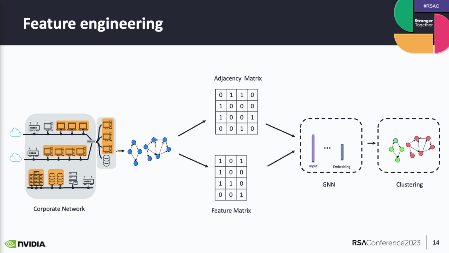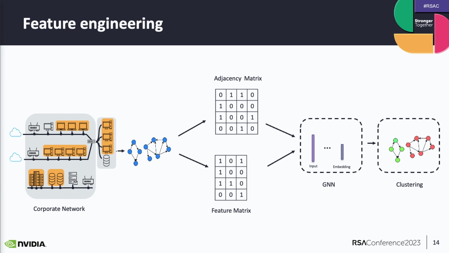Now, I mentioned that we can use these graph representations as input to the GNN, but how exactly do we do that? There are two sets of input features that we need to talk about: the adjacency matrix and the feature matrix. Both of them provide important context on the assets and its neighbors in the network.